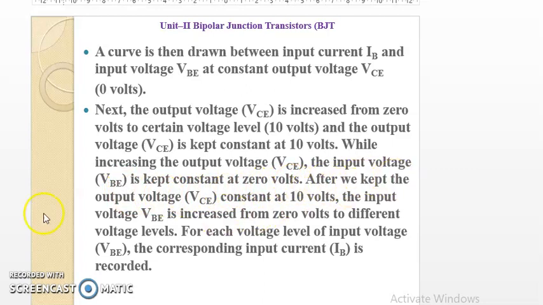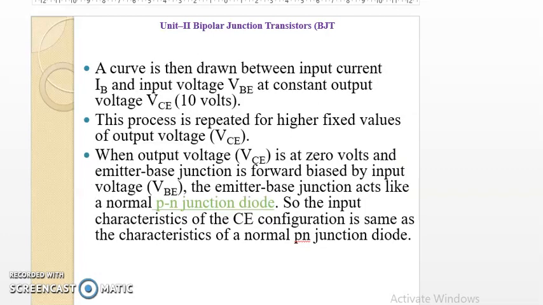After we keep VCE at 10 volt, the input voltage VBE is increased from 0 onwards to different voltage levels. For each voltage level of input voltage VBE, the corresponding input current IB is recorded. A curve is then drawn between input current and the voltage VBE at constant collector voltage or output voltage. The process is repeated for higher fixed values of output voltage VCE.